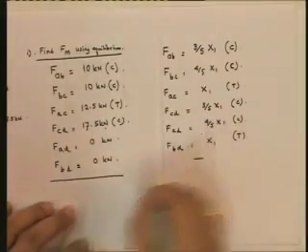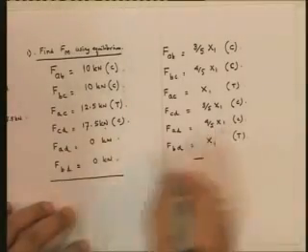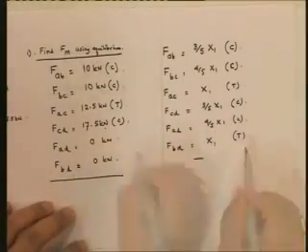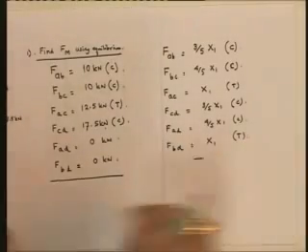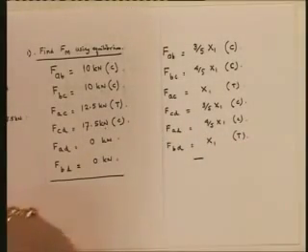So this way, and FAD would be 4 by 5 x1, FBD would be x1 with the corresponding signs. Okay. So essentially, you see, I can find out the forces provided I know the value of x1.